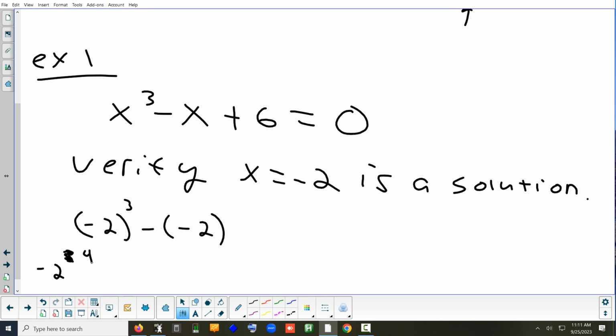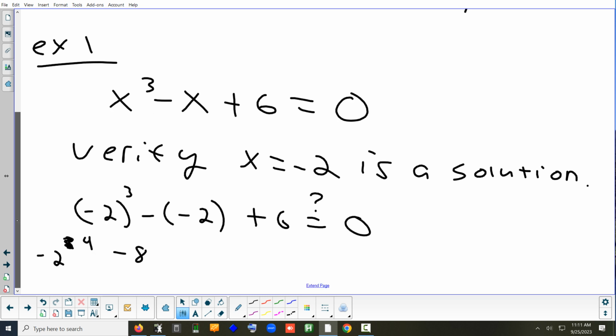Okay. All right, so we're going to put +6. I usually just put a question mark because we don't know if it's equal. That's what we're checking. So -2 cubed, we just said is -8. What happens with minus -2? Plus, positive. Yep, so +2.